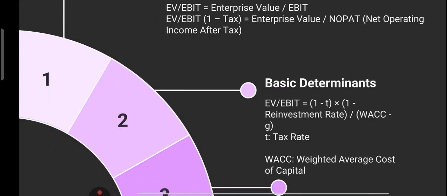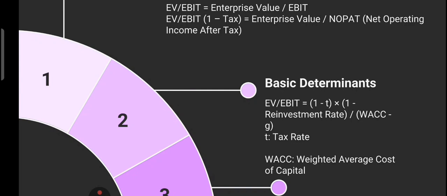So after adjusting for tax, just multiply by 1 minus tax on the left hand side, which will be equal to EV, enterprise value, divided by NOPAT. That is called net operating profit after tax, right? So this is the change in the formula.